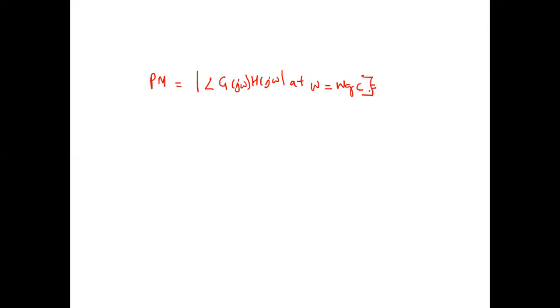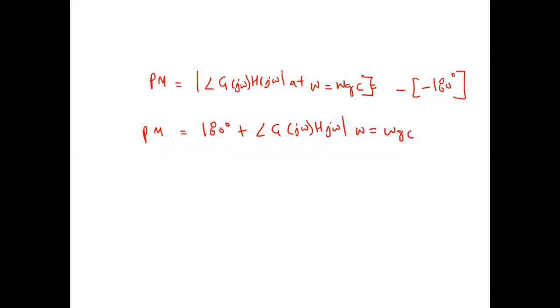This angle minus of minus 180 degrees would be the mathematical definition. In other terms, the phase margin is equal to 180 degrees plus the angle of G(jω)H(jω) obtained at ω equal to ω_GC, the gain crossover frequency, which we have told already.